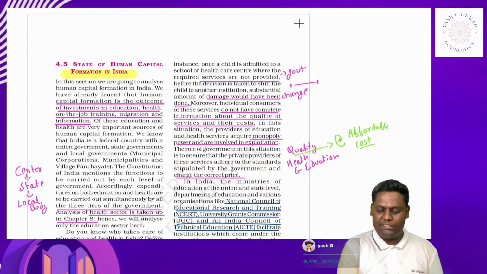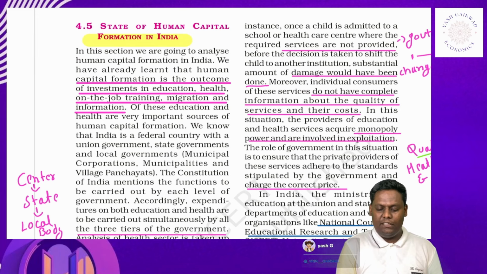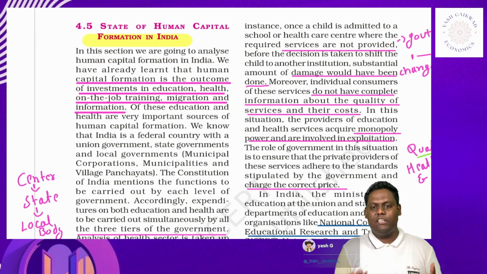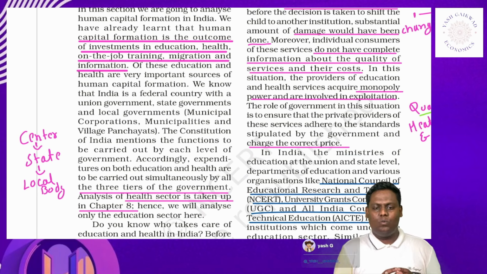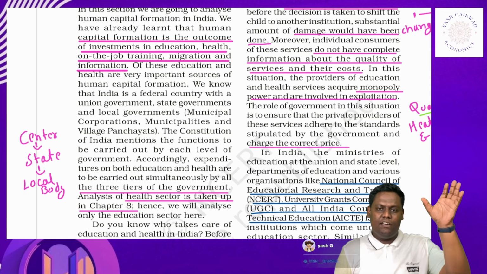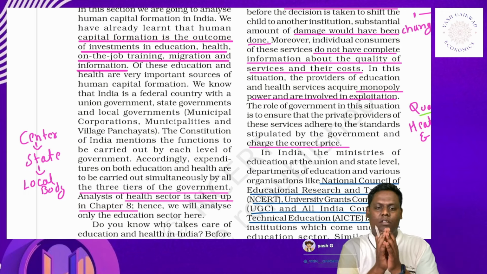Now let us look at the state of human capital formation in India. As you have seen, human capital formation is a result of various factors such as education, health, migration, information, and training. This could broadly be understood as how much the government is actively involved in this process. As India has a three-tier system of governance, at the center you have the central government that makes policies for the whole nation as a single entity.